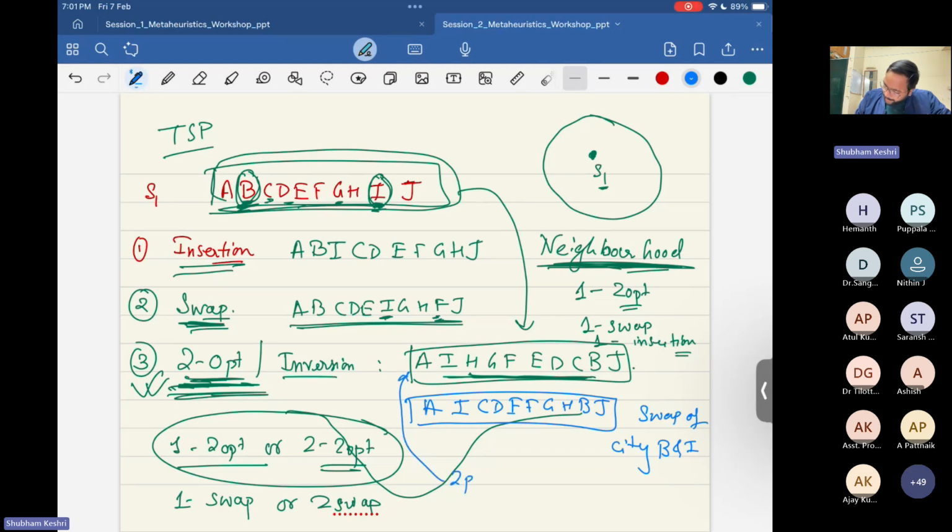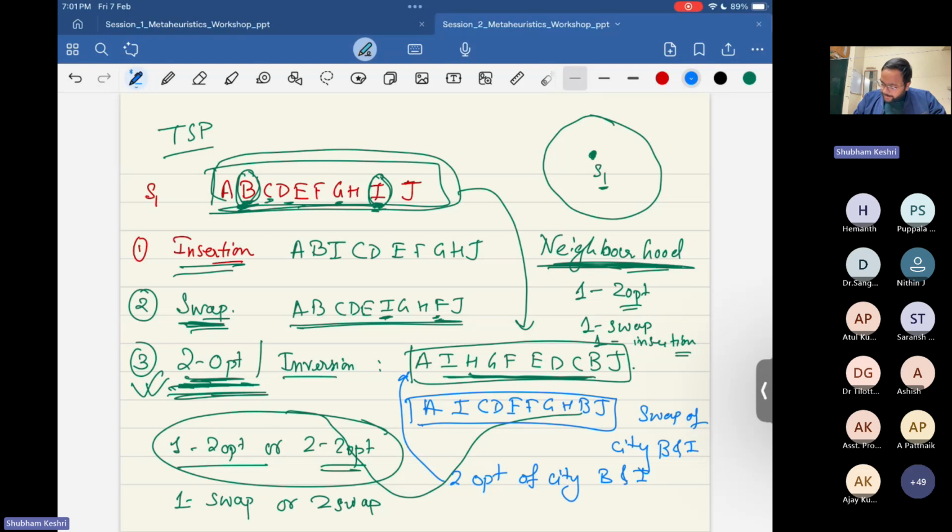This is 2-opt of cities B and I, right? So the 2-opt neighbor is different from the swap neighbor. Is that all right? Okay. So choosing any two points and then reversing the order of all the entities between those two points.